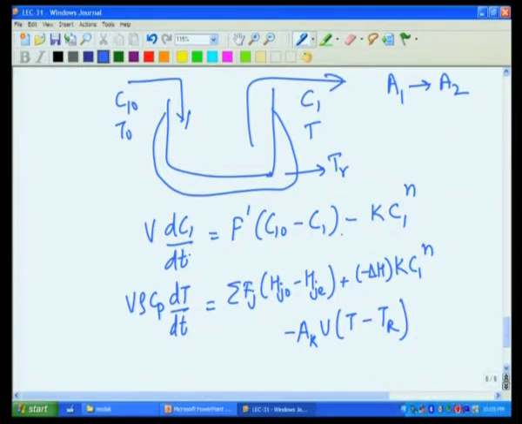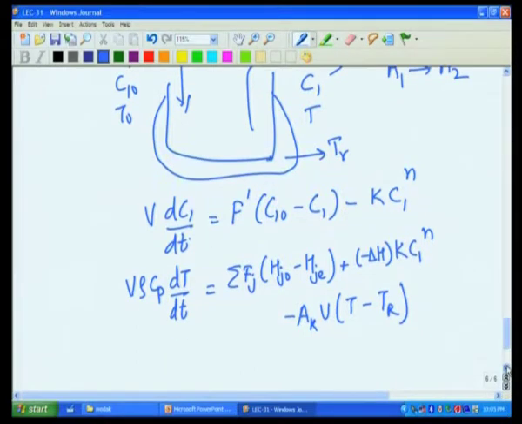That is, of each of these terms on the right hand side, the first term is the energy transport due to convection. So, material is coming in with certain enthalpy Hj0, is leaving with certain enthalpy Hje. There is a second term which is representing the generation of energy because of reaction, and the third term the removal of energy.